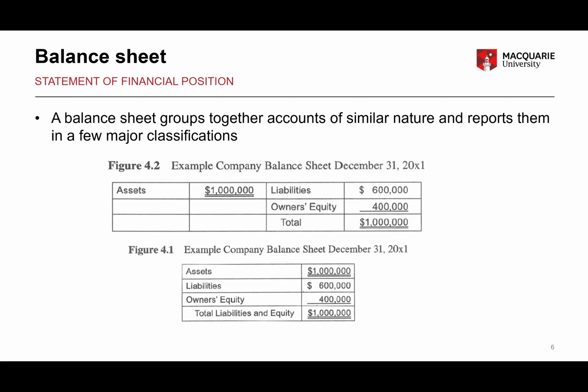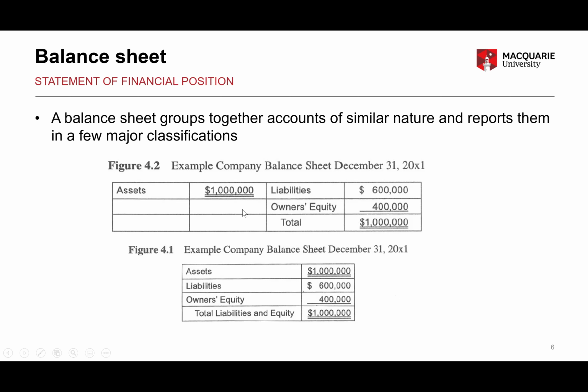Now, when we come to week 3, we're going to be looking at different transactions that a business might have. And we'll see that when a business has a transaction, like it sells goods to customers, for example, that when we record that, it must affect both sides of the equation, right?